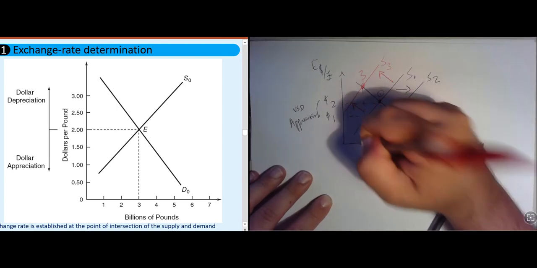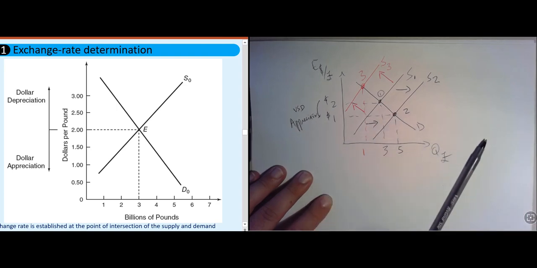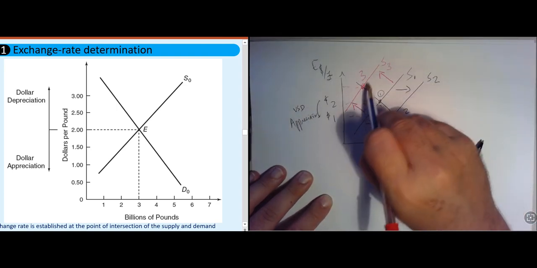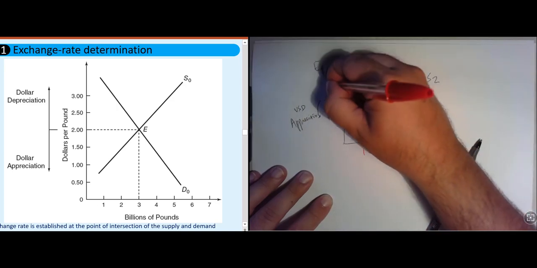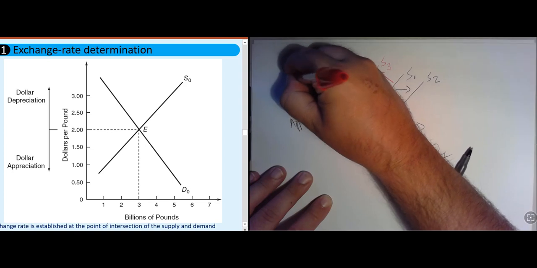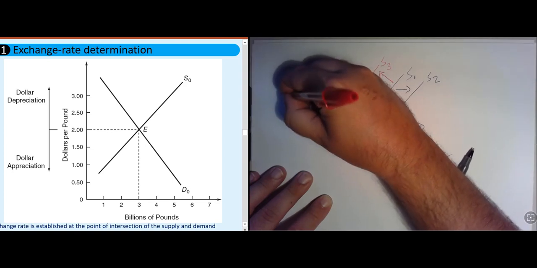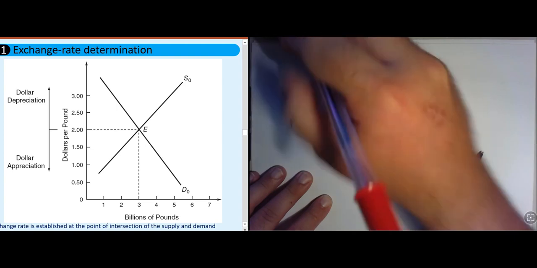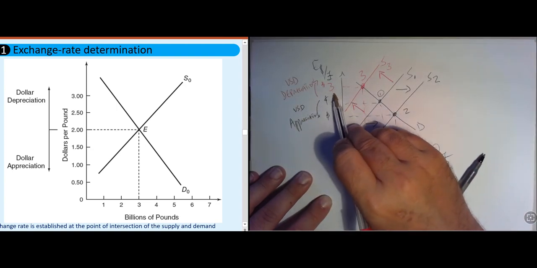And as a result, there will be fewer pounds transacted. And as they became scarcer, they will become more expensive. And in this case, we will have a US dollar depreciation. Depreciation because we now have to pay more dollars to get £1.